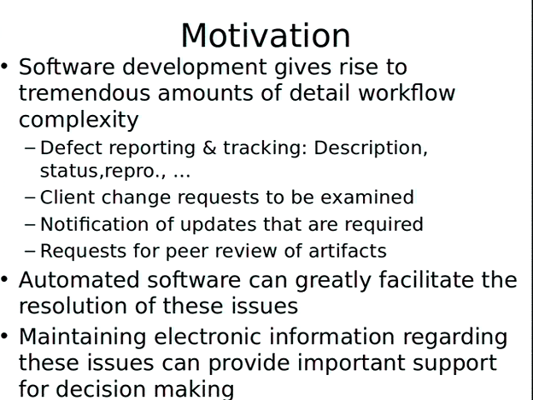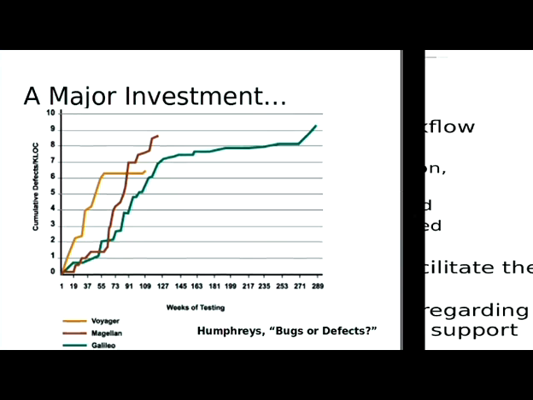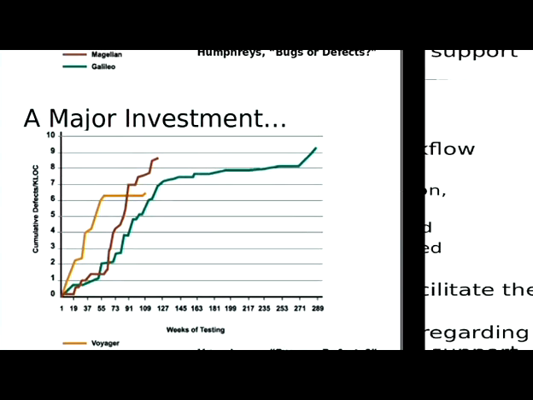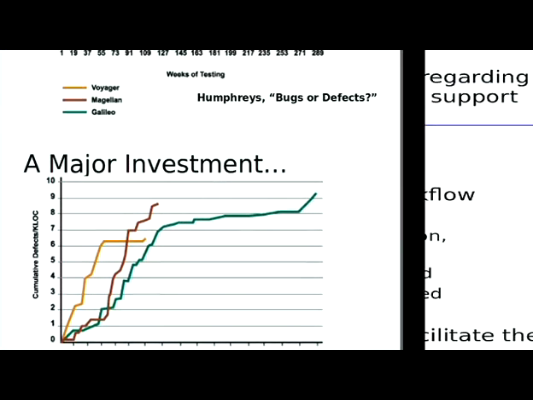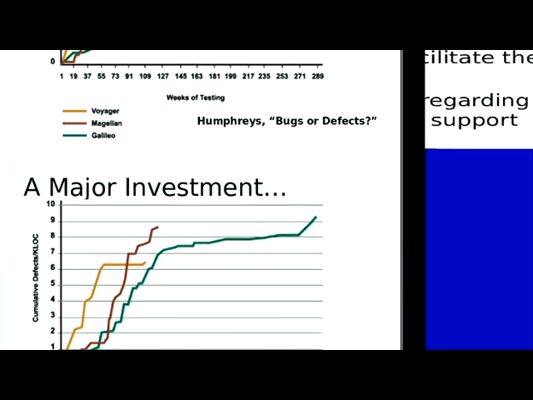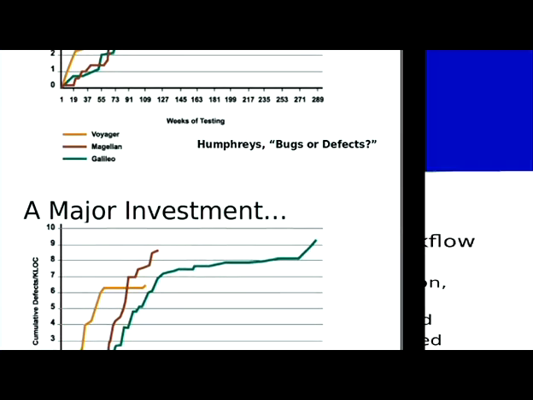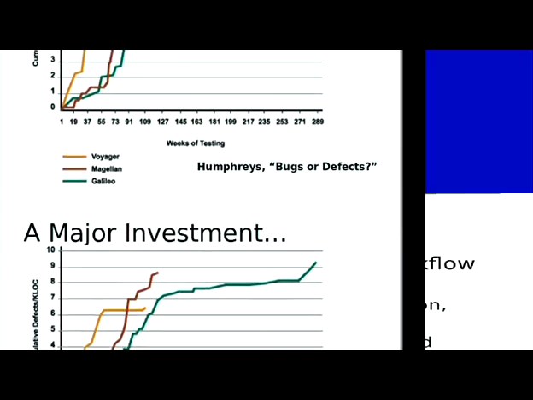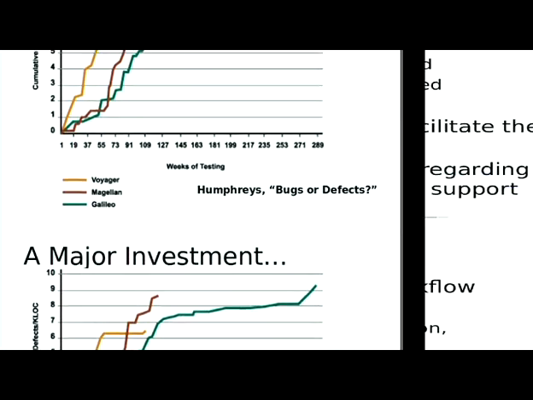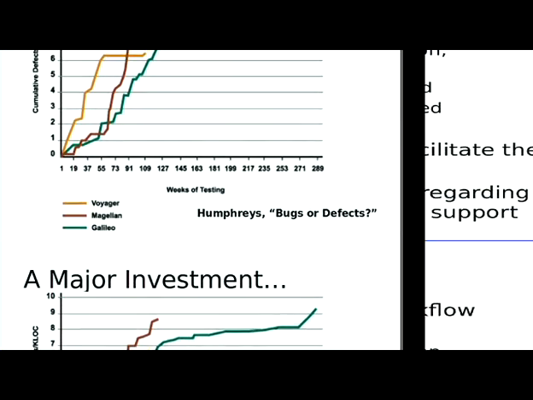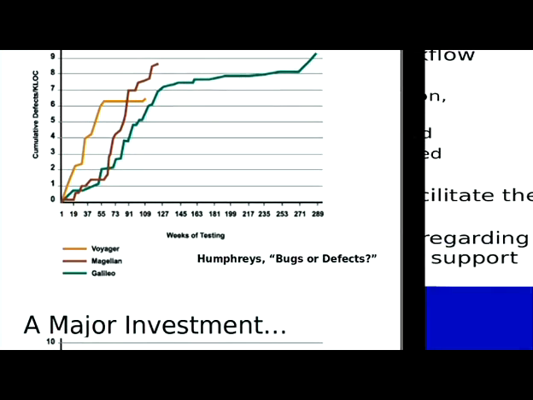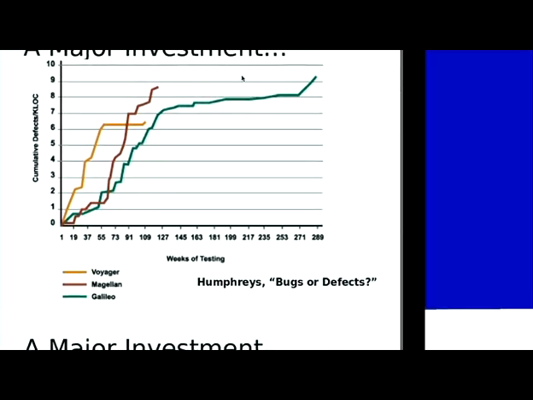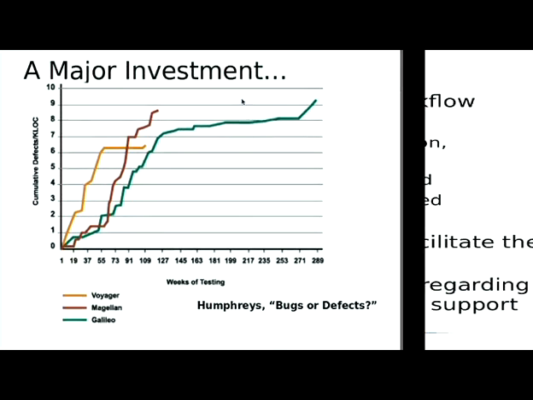Now, this whole issue of tracking defects and identified problems with software is one that organizations have been grappling with for years. This shows a graph from an article by Watts Humphrey, who, as some of you may know, is the author of the Personal Software Process and an advocate of good practices on the process side in software engineering.